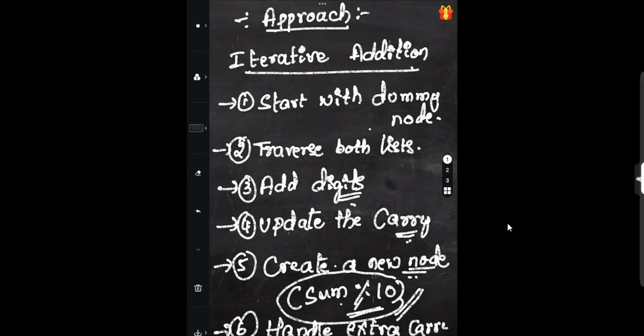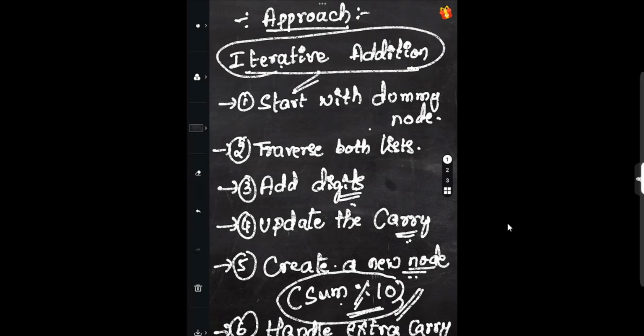In simple terms, after traversing both the lists, if there is any carry remaining, then we add it as a new node. So this is the approach that we are going with. I hope the approach is completely clear.